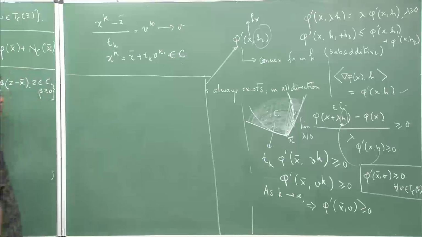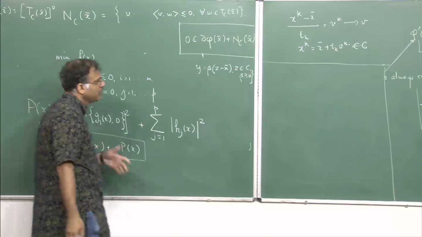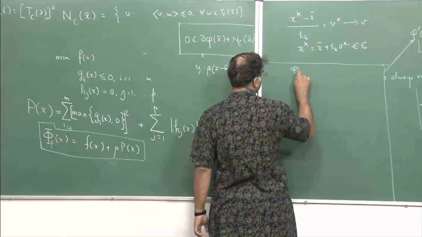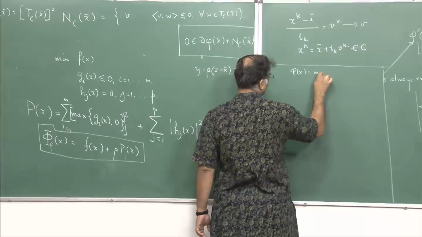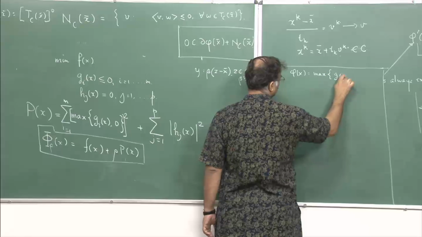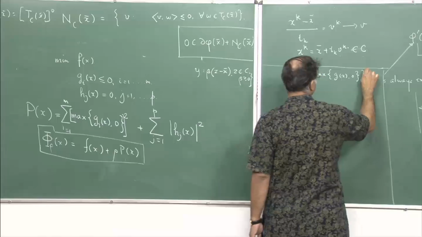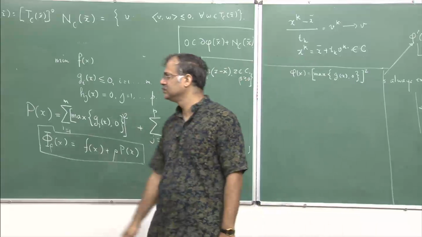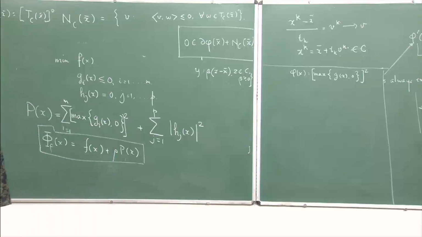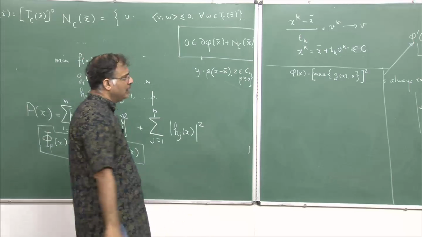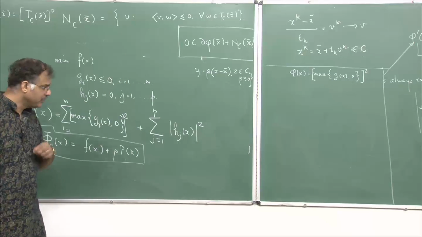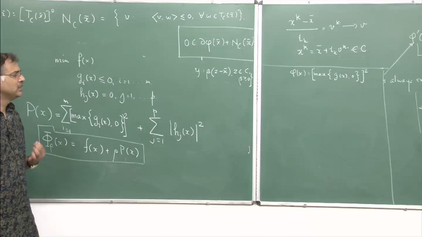I am supposed to find the derivative. So, I will take a function like this: phi(x) is the max of, say, a single function g(x) and 0, and I am taking the whole square of that. So, what would I do? Observe certain simple facts.